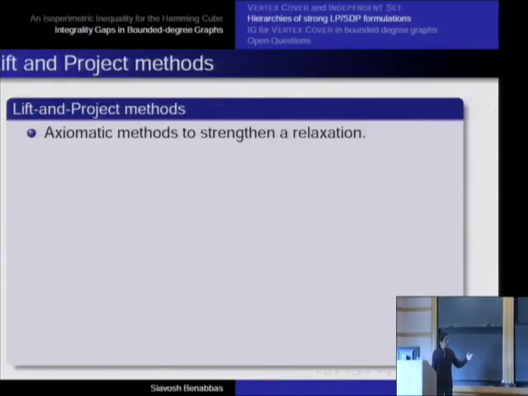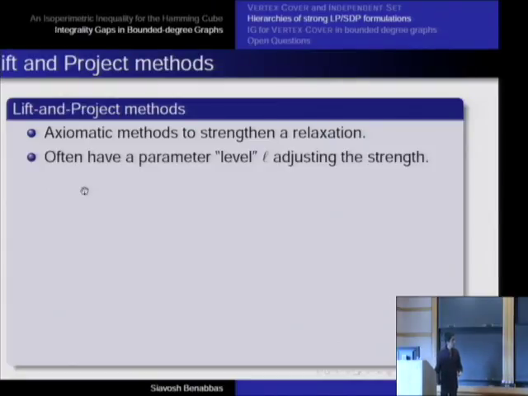What are these lift and project methods or hierarchies? There are axiomatic ways to add these relaxations, deriving new valid relaxations and adding them to the program. They usually have a parameter which we call level, or L, which adjusts the strength. You start with the program for your problem.